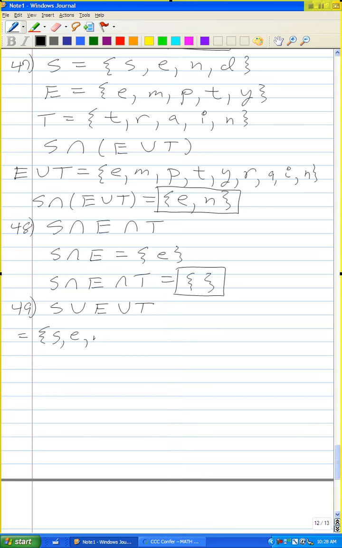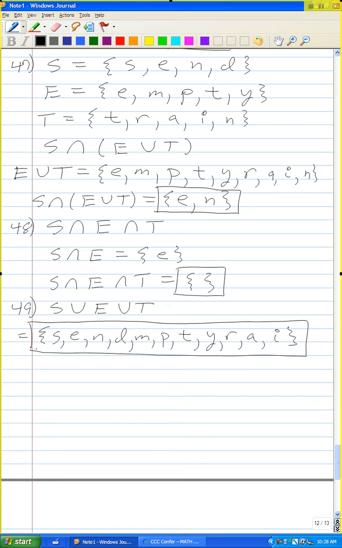S, E, N, D. What's in E? E, M, P, T, Y. T, R, A, I, N. And that's the union of all those sets.